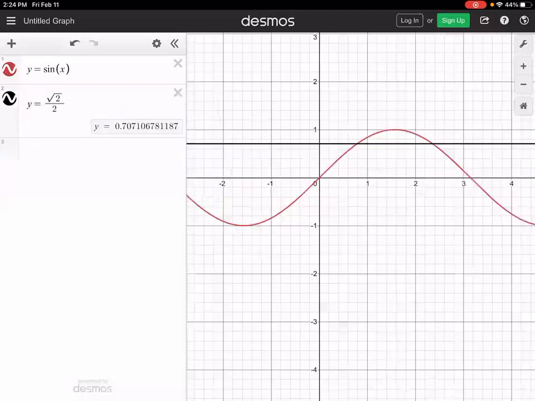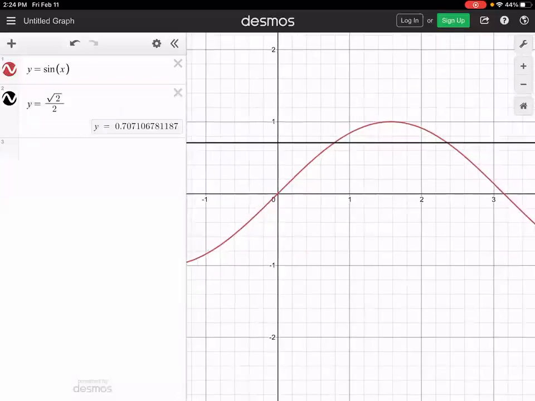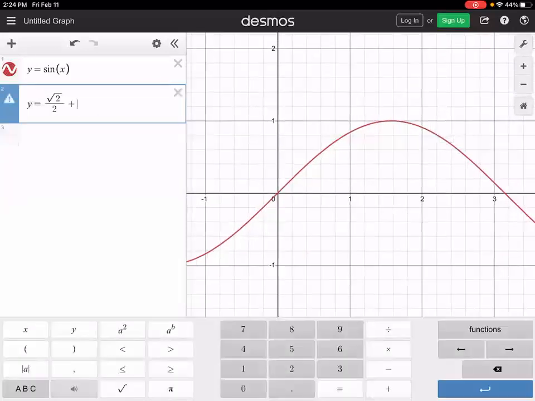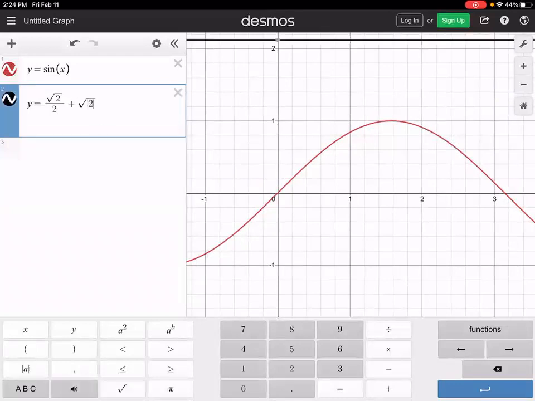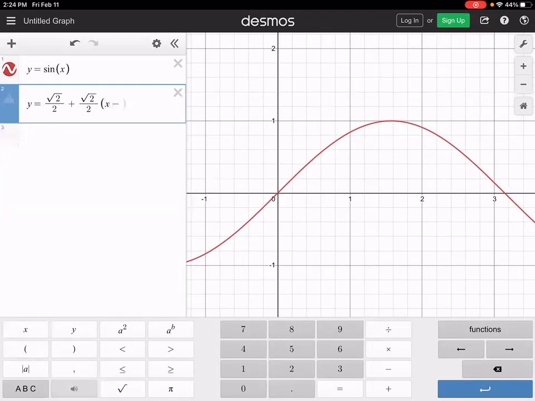Okay, so here is pi over 4 right at that first intersection. Okay, and then we're going to add, it's going to be a pain. Then x minus pi over 4. Okay, notice how we get a little closer.